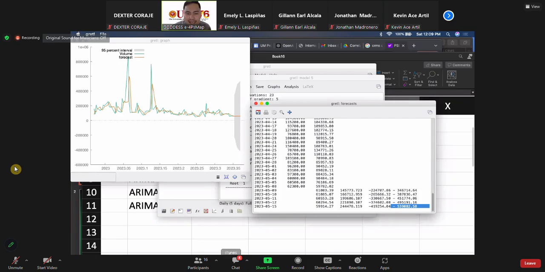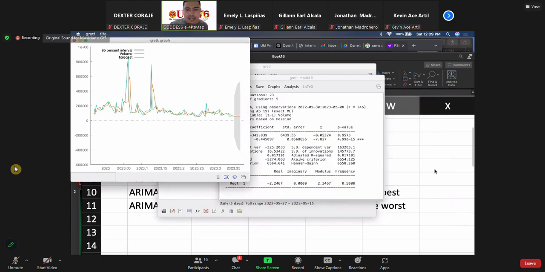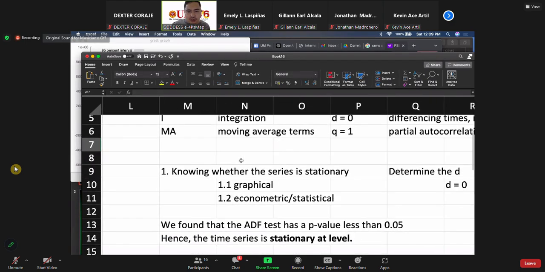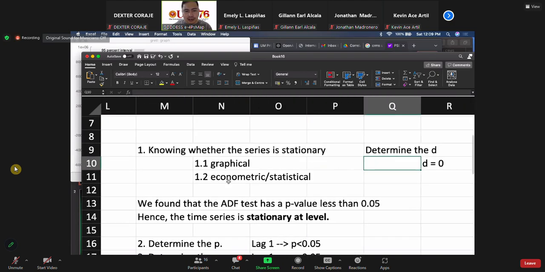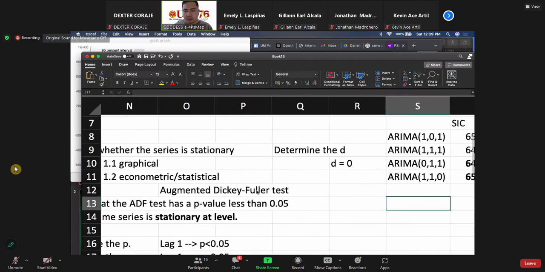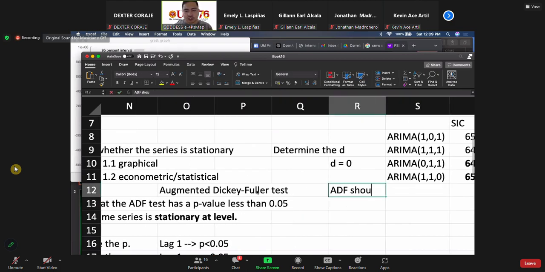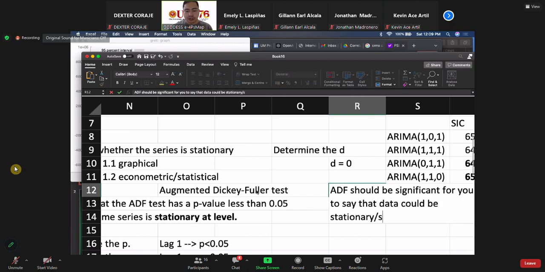Okay, so again, how do we perform ARIMA? Here are our steps. First, know whether the series is stationary, and you will determine the D by looking at the augmented Dickey-Fuller test. The rule of thumb is that ADF should be significant for you to say that data could be stationary or stabilized.